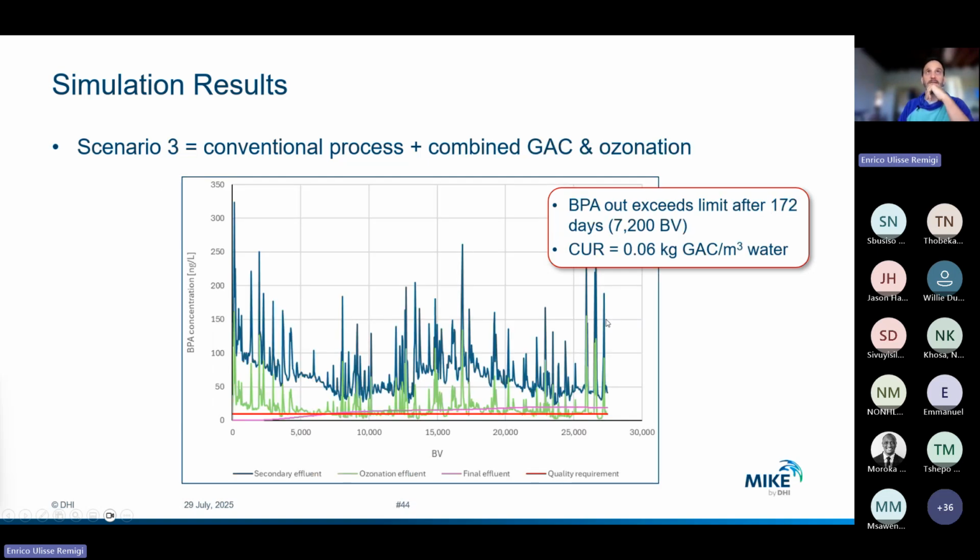The combined scenario resulted in overall better performance, of course, with half the consumption of carbon, and also almost double the time, I think it was 172 days, until the carbon column needed to be regenerated.